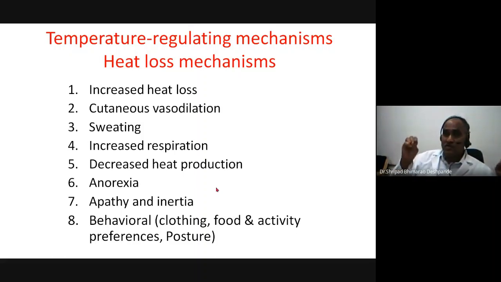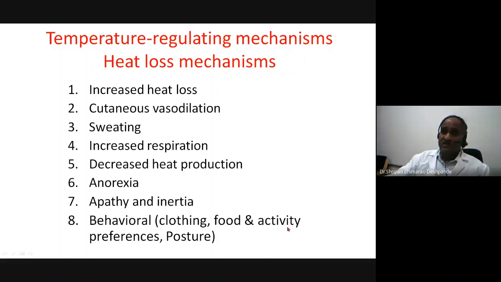You want to go to a swimming pool, and you want to have cold food, cold drinks, ice cream, and so on. So these are some food preferences we have for the heat loss mechanisms. These are behavioral abnormalities which are associated with the limbic system.